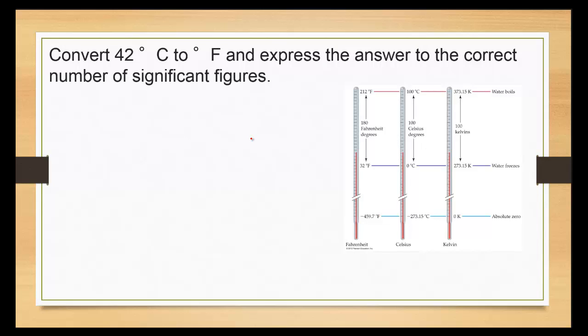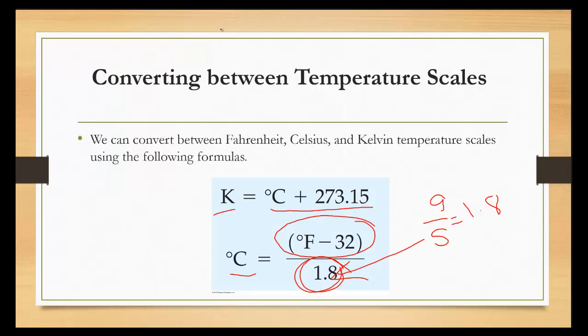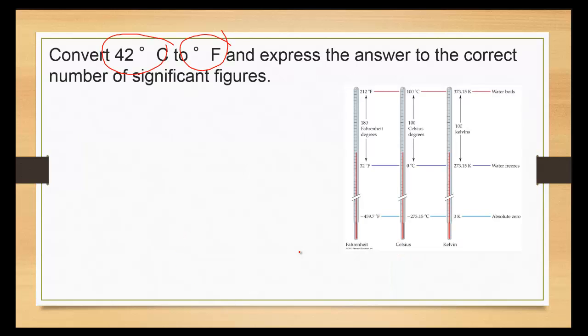Convert 42 degrees Celsius to Fahrenheit and express the answer in the correct significant figures. So we're going to be using this equation on the bottom because it has Celsius and Fahrenheit. So 42 is equal to degrees Fahrenheit minus 32 over 1.8. First thing I want to do is multiply by 1.8 to get everything on top.